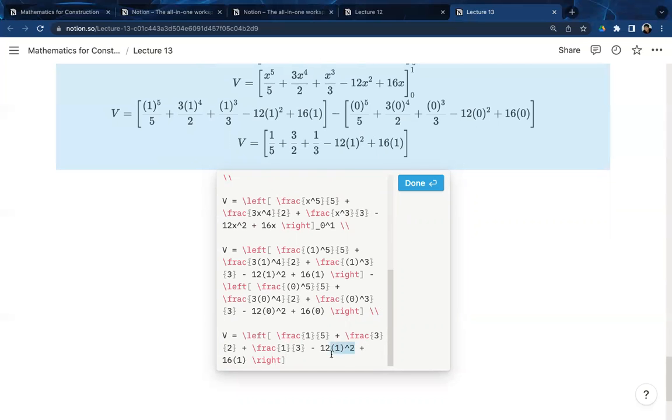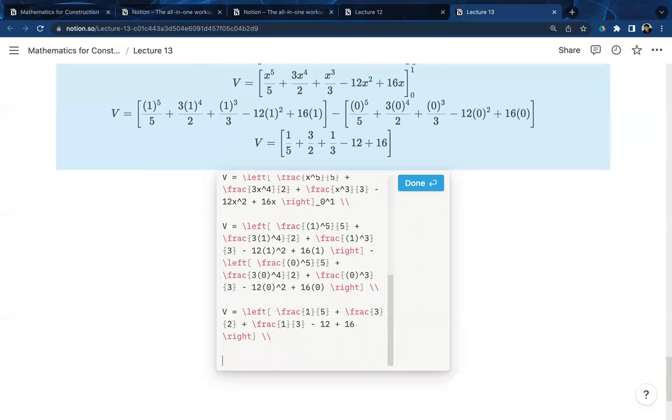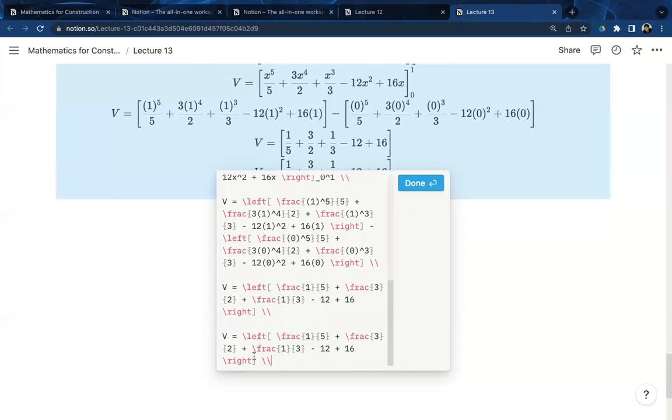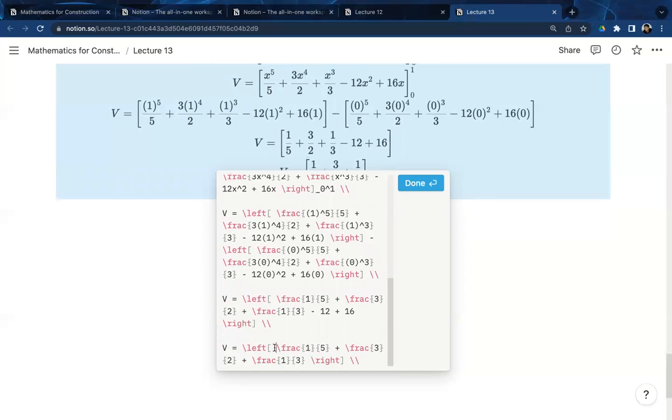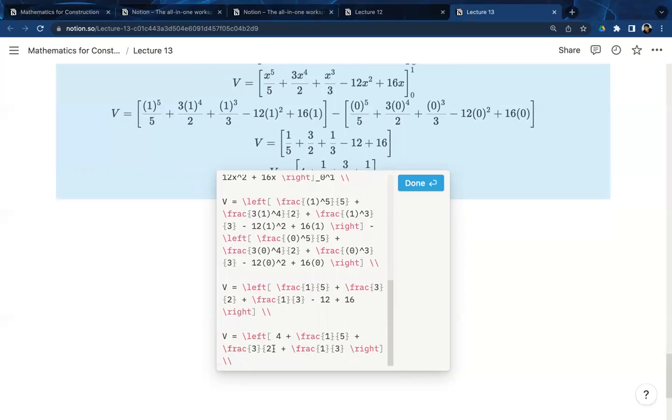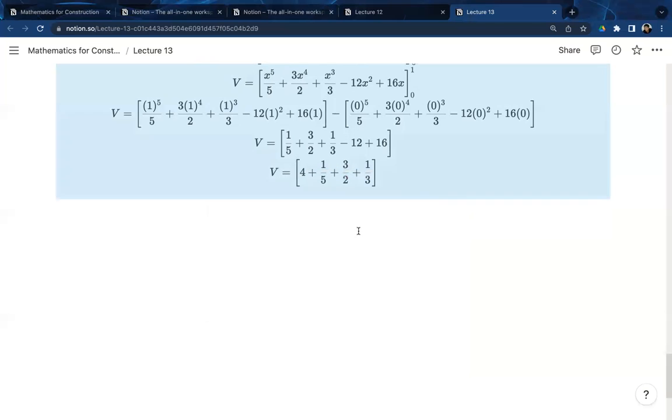Minus 12 plus 16. So the 5, 2, and 3. Wow, this is some fractions. Minus 12 plus 16 is 4. So we know it's 4 plus these guys, right?